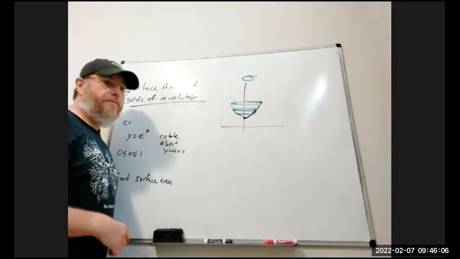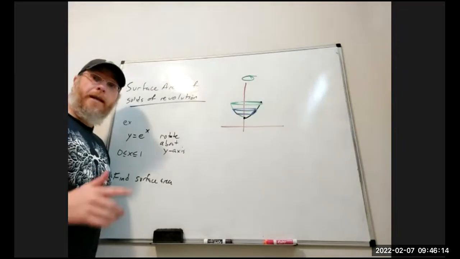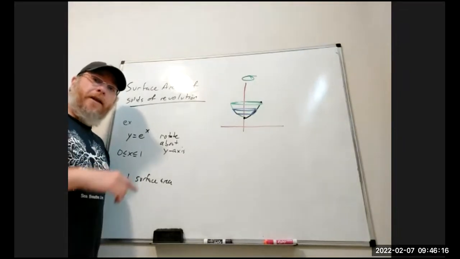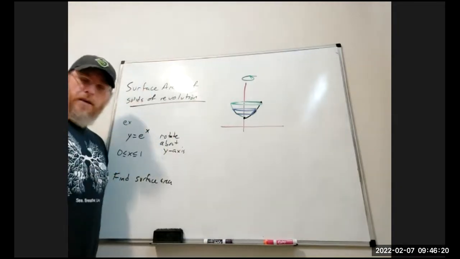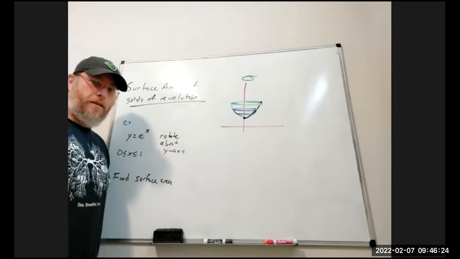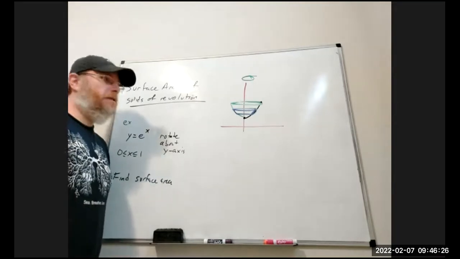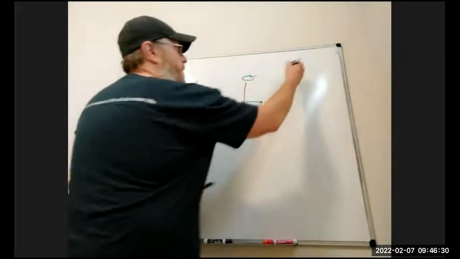Okay, so in general, and I think I made this comment with one of the volumes, if you rotate about a vertical axis, you want a dy. Around a horizontal axis, you're going to want dx, just in general. In fact, let me write that up over here.